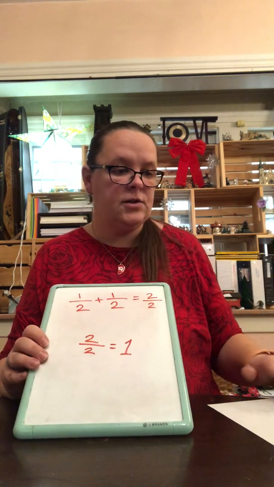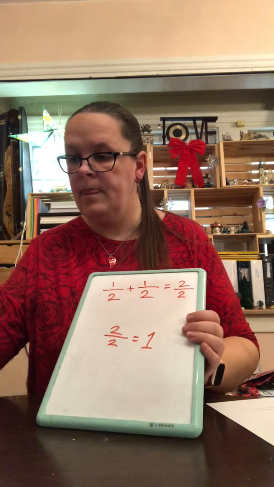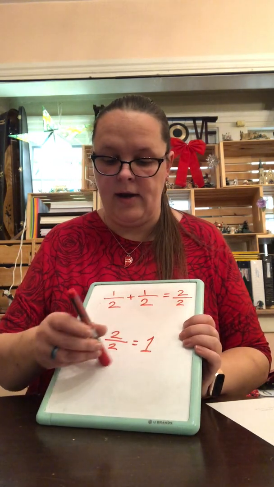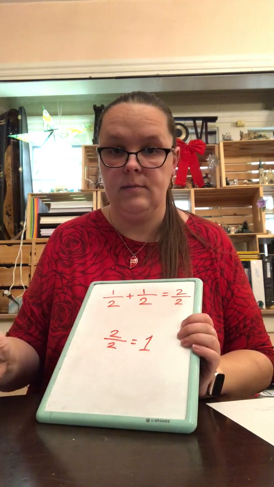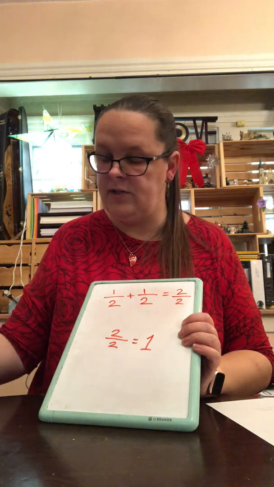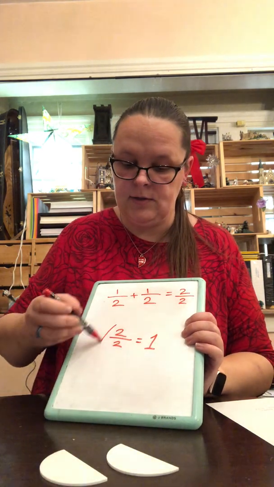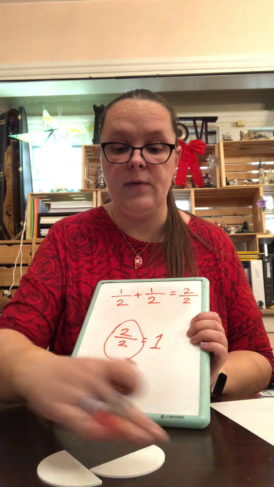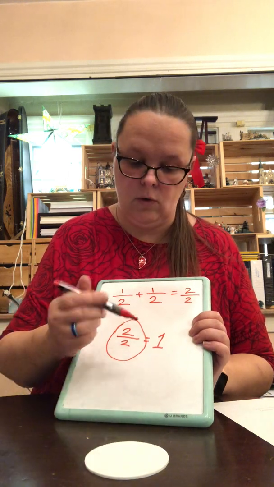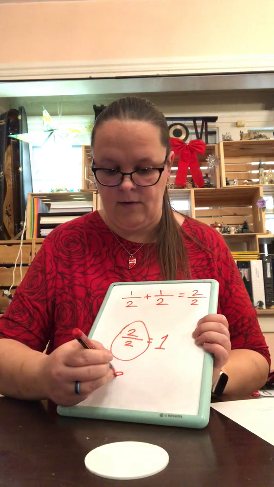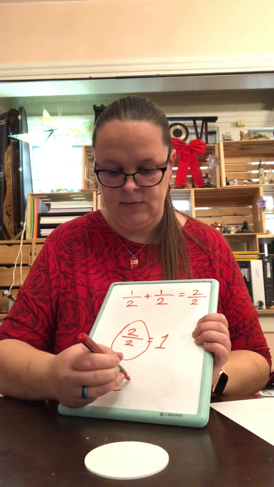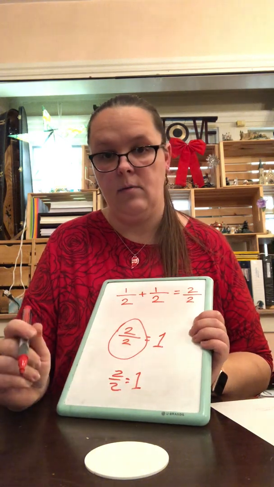But when you hand your sheet in to me, you can just write what you see. So you had 2 halves, you can write 2 halves. If you then put it together and notice, oh, that's a whole, then you can do what I did here. You can write 2 halves, which equals 1 whole. Okay?